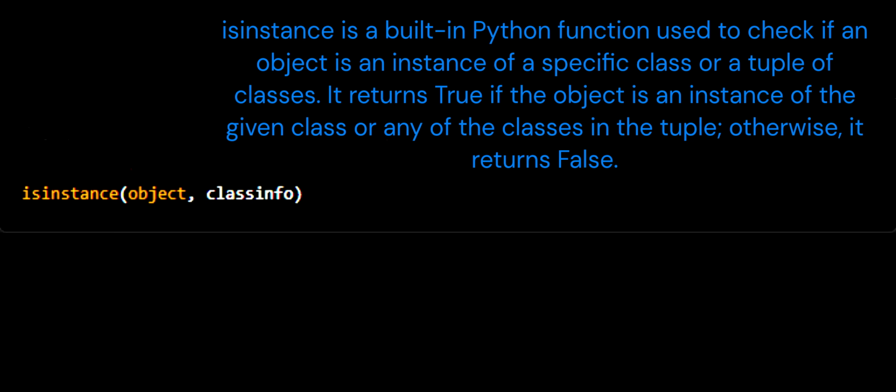isinstance is a built-in Python function used to check if an object is an instance of a specific class or a tuple of classes. It returns True if the object is an instance of the given class or any of the classes in the tuple. Otherwise, it returns False. Object: the object to be checked.